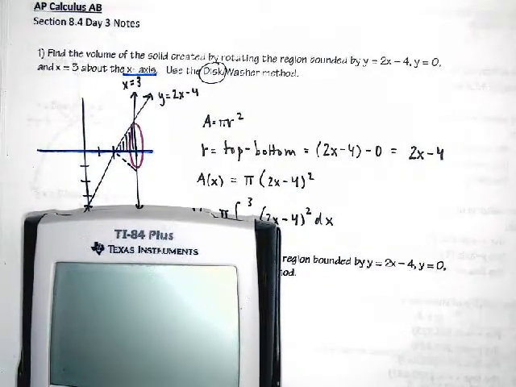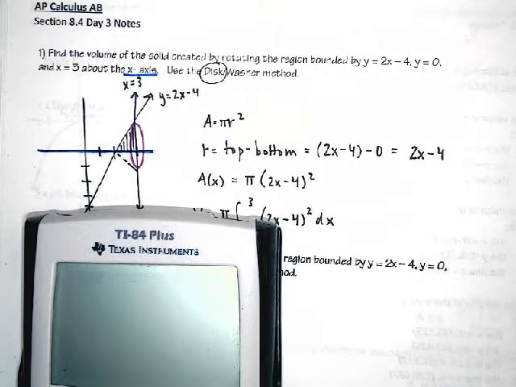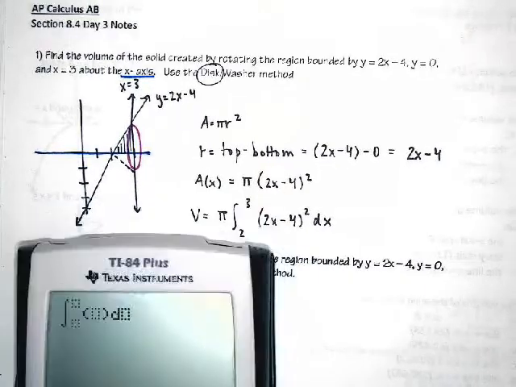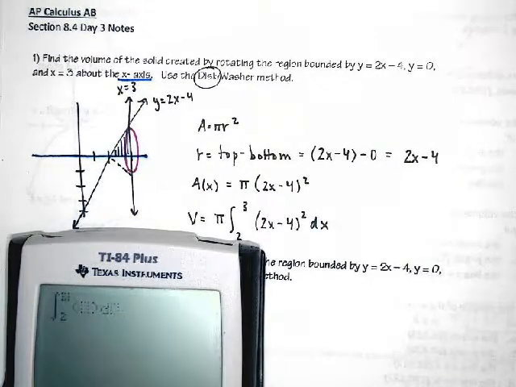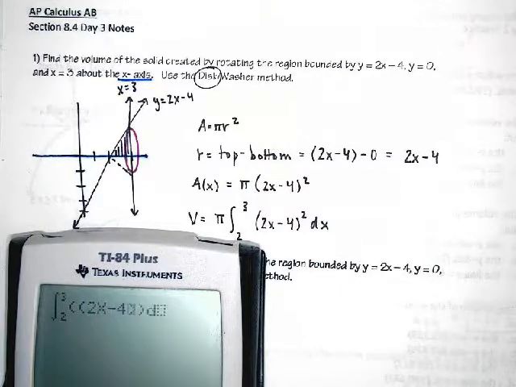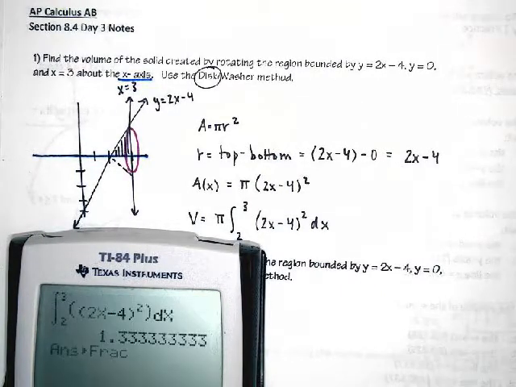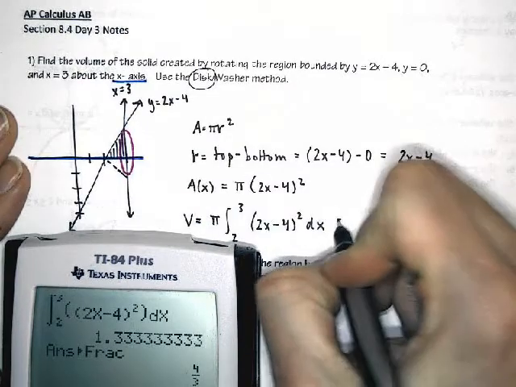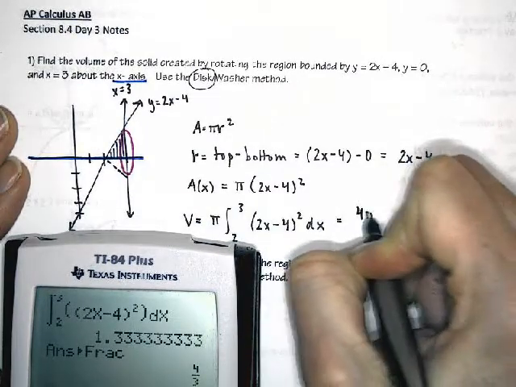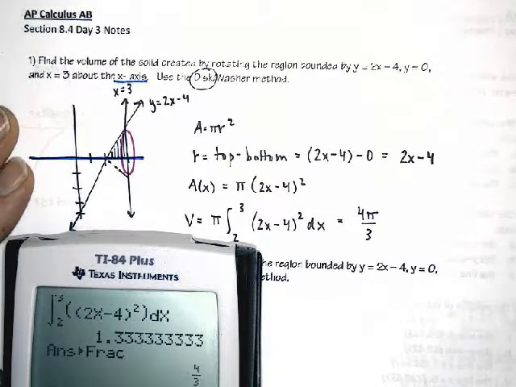Let's see if we can get an exact answer. Math 9, from 2 to 3, of 2x minus 4 quantity squared dx. As a fraction, that's going to be 4 over 3, and I'm multiplying by pi, so my answer is 4 pi over 3.